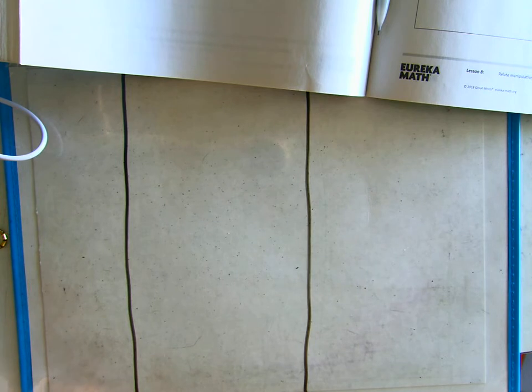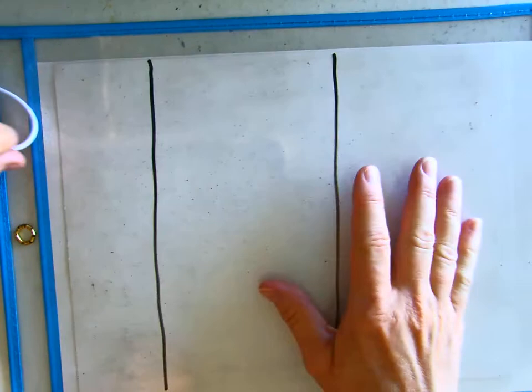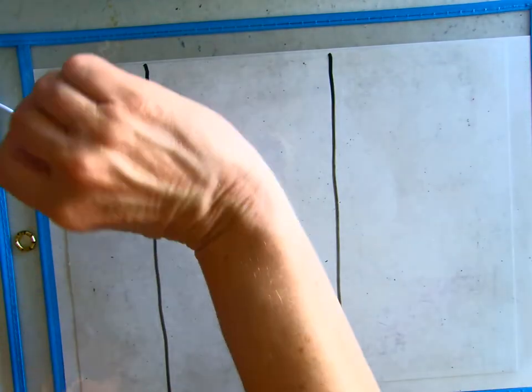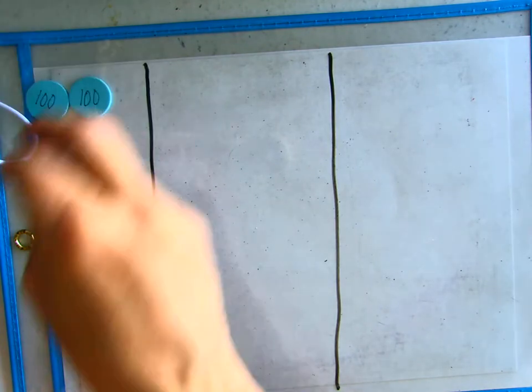The first number we need to show is 393. So we need how many hundreds? We need 3 hundreds. 1, 2, 3.